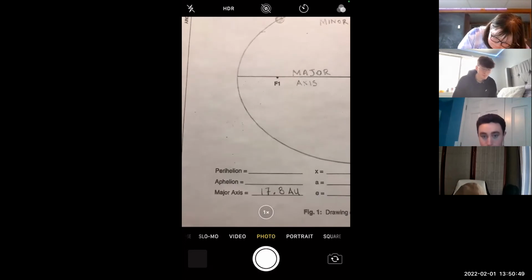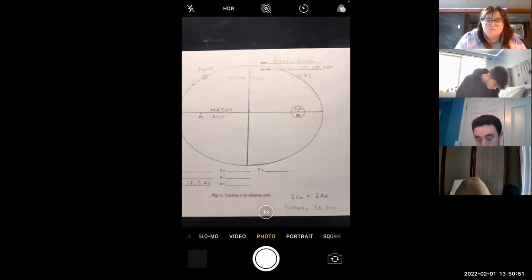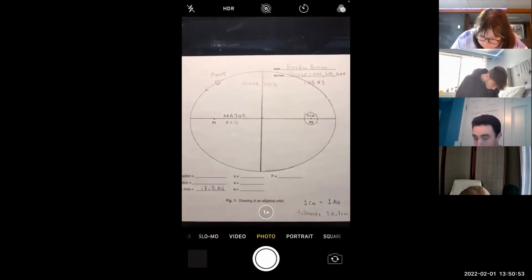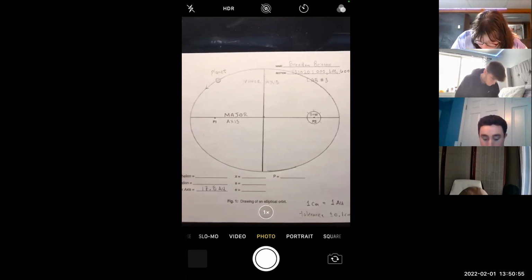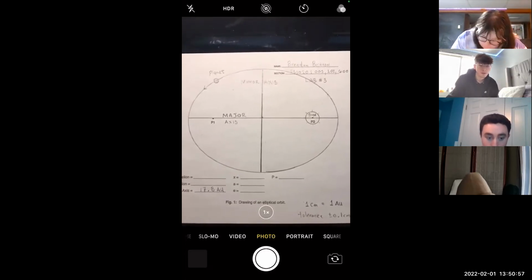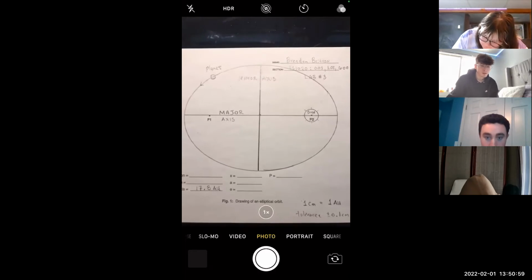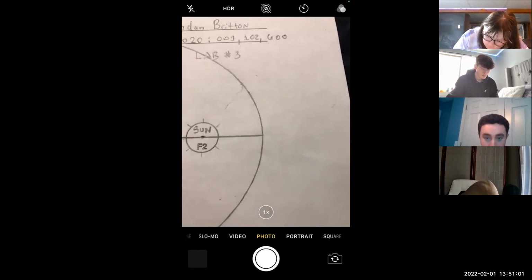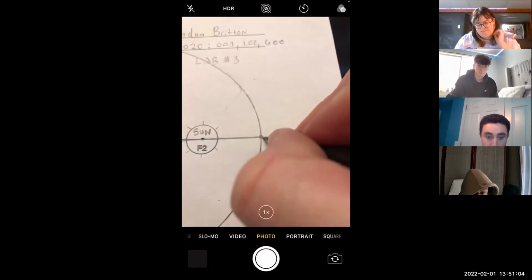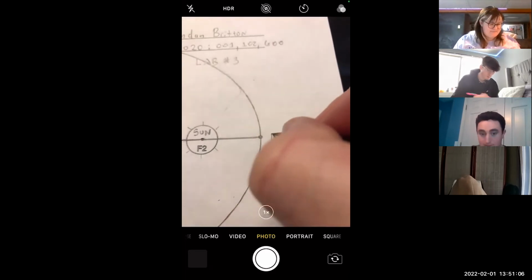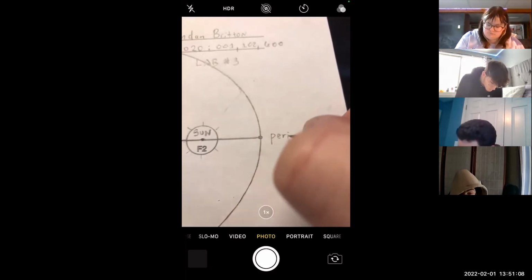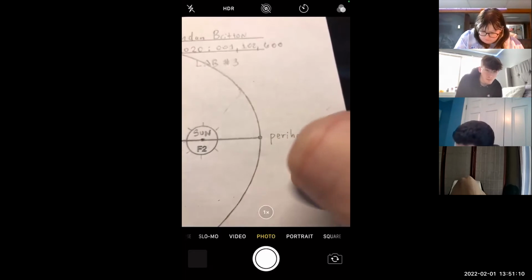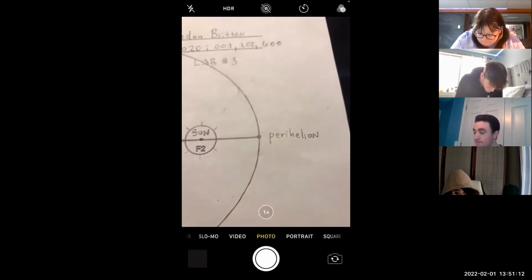Let's see, we've got to measure our perihelion. Do you guys know where the perihelion point is on the ellipse? Where's the perihelion point? The closest point to the sun on the ellipse. So let's mark that as our perihelion.